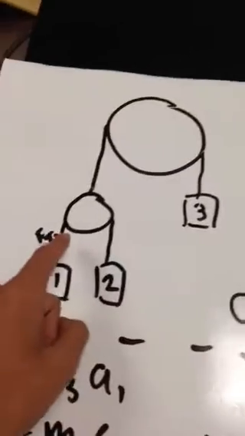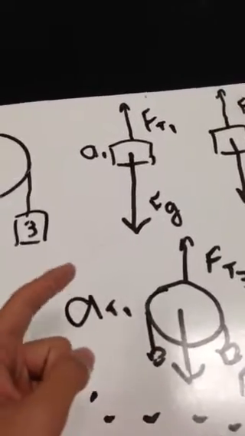For the first block, the only forces acting on it are the force of tension of the string in this system and the force of gravity. We say that it's accelerating in a certain direction, and we call that A1.